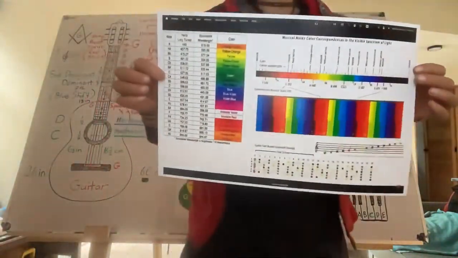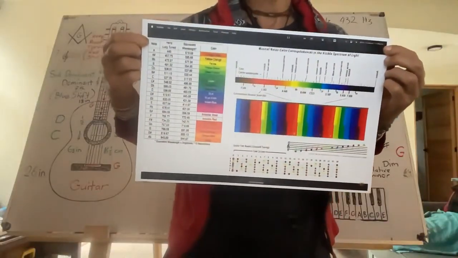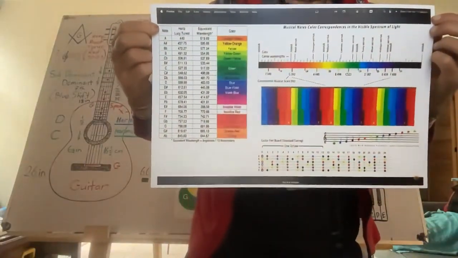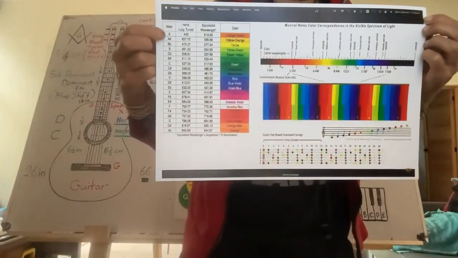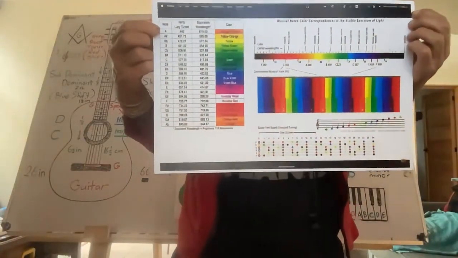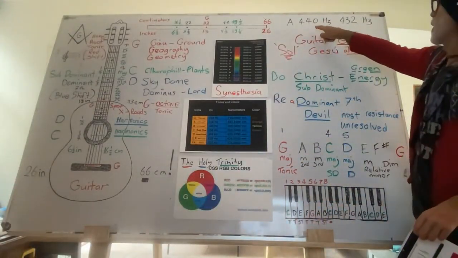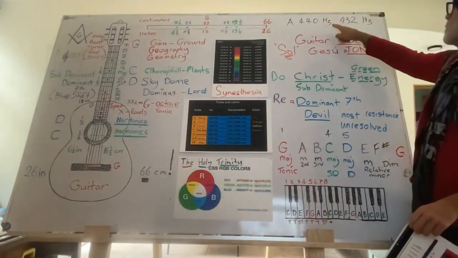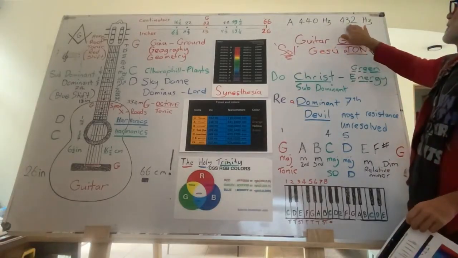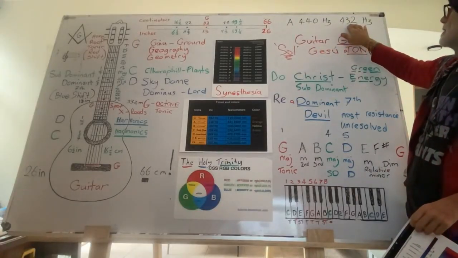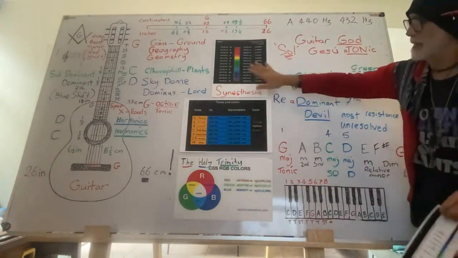So what we were going to do is show you all the frequencies here. They started with 440 for the A, because I'm going to explain the problem with 440, because in antiquity, A has always been 432 hertz.